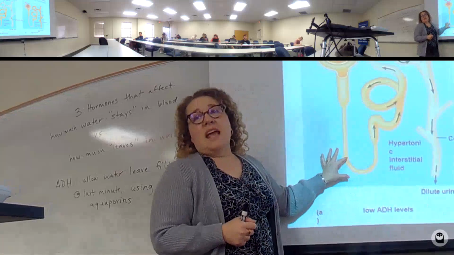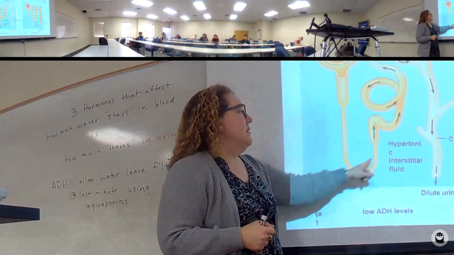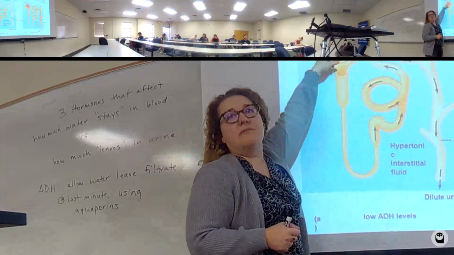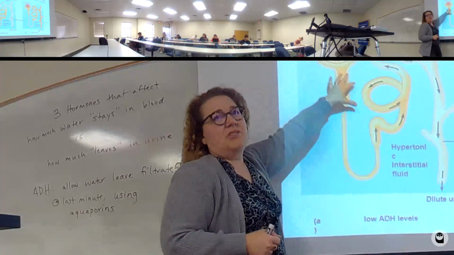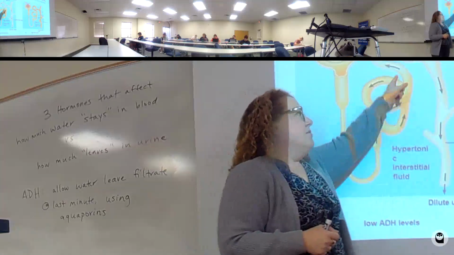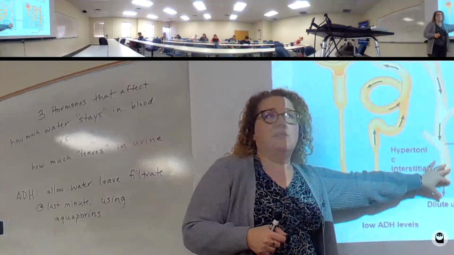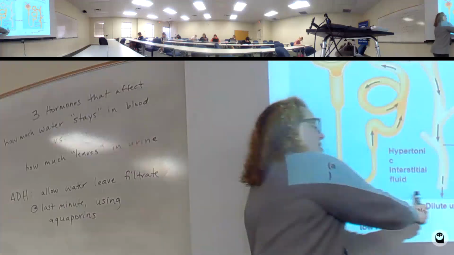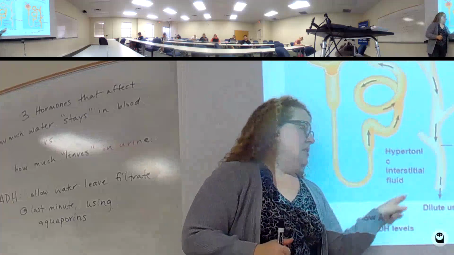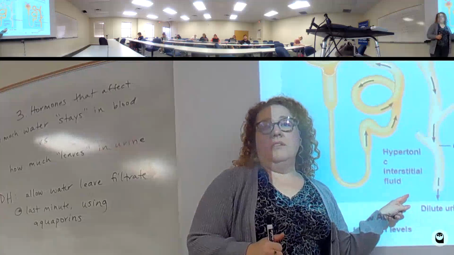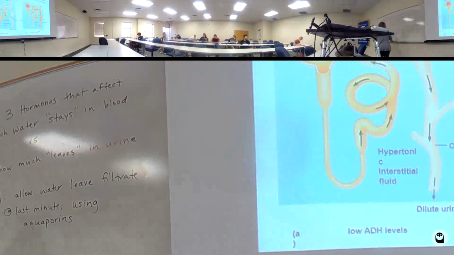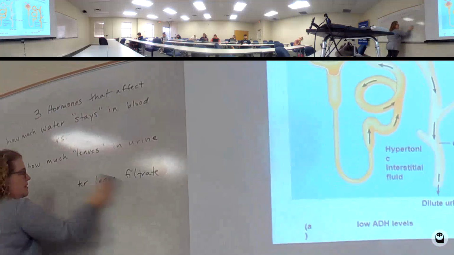If you don't have a lot of anti-diuretic hormone present, the water that is in the filtrate that got in there doing filtration is pretty much going to stay in there and not go back to the blood. So you will have more water staying in the filtrate, staying in the urine, and that produces dilute urine. So if you've got this picture, circle dilute urine.